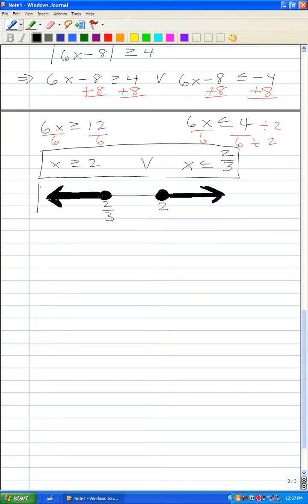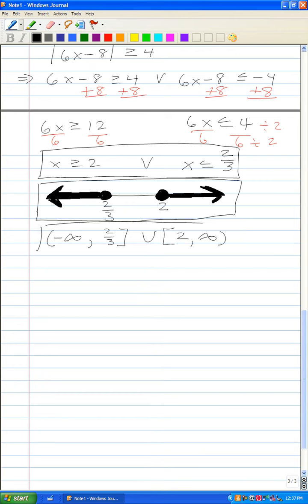And so that is the graph of my solution. It is the following closed set, the union of the closed set negative infinity to 2/3, union with the closed interval 2 to infinity. And that is your answer.